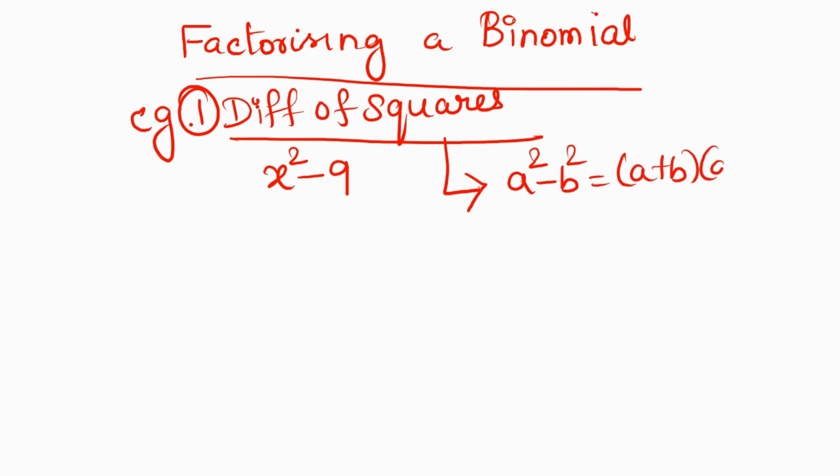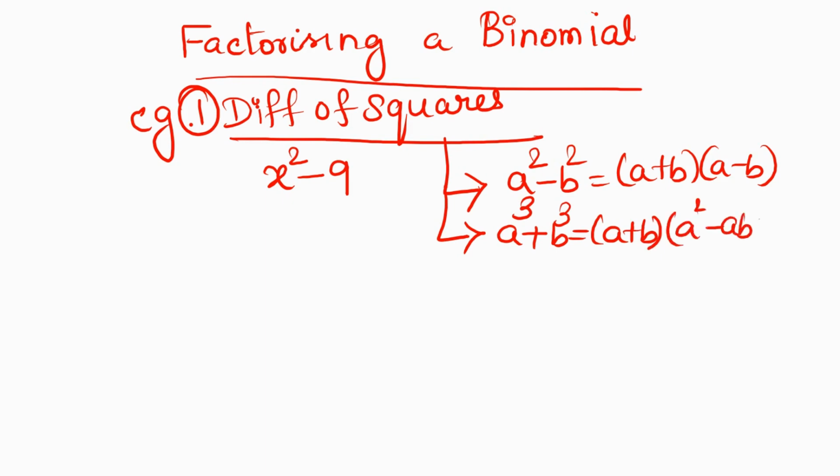A square minus b square can be written as a plus b into a minus b. A cube plus b cube can be written as a plus b into a square minus ab plus b square. A cube minus b cube can be written as a minus b into a square plus ab plus b square.